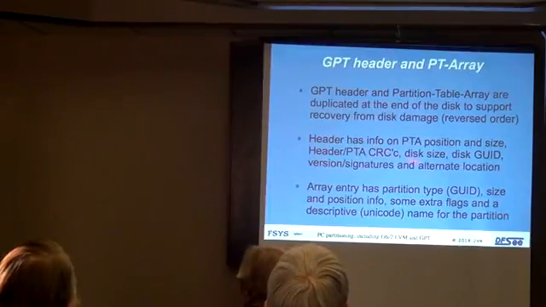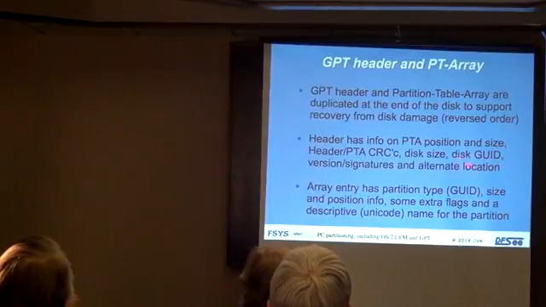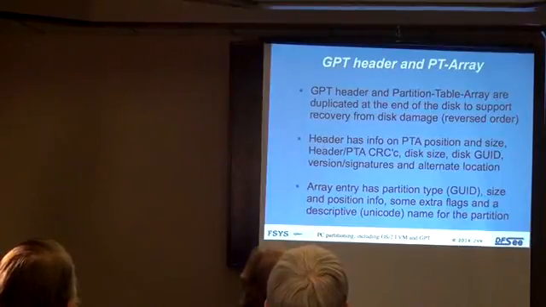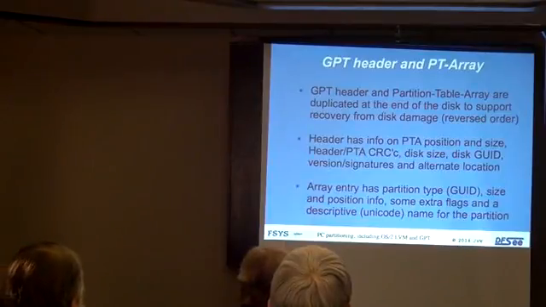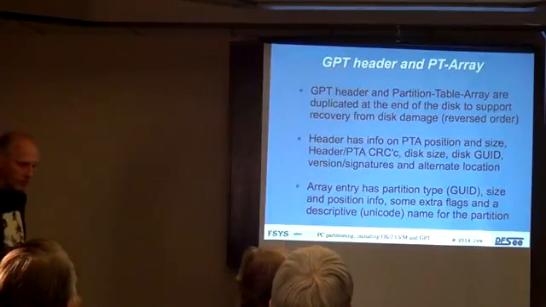In the header there's information on the position of where this partition table array is located and how large it is and so on. There's another GUID there for the whole disk, so each disk also has a unique identification. And there are also checksums in there. Neil's the one you should talk to.